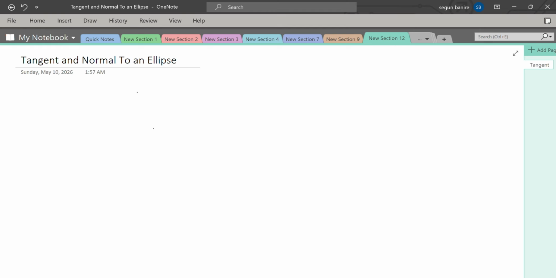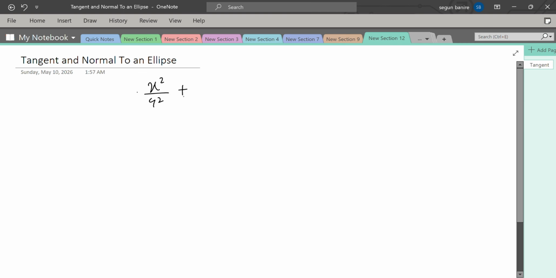Okay, so I'll be giving us a fast approach on how to get the tangent. Because we have an idea of what a tangent means, which is just the dy/dx. This is the equation of the ellipse: x squared over a squared plus y squared over b squared is equal to 1.